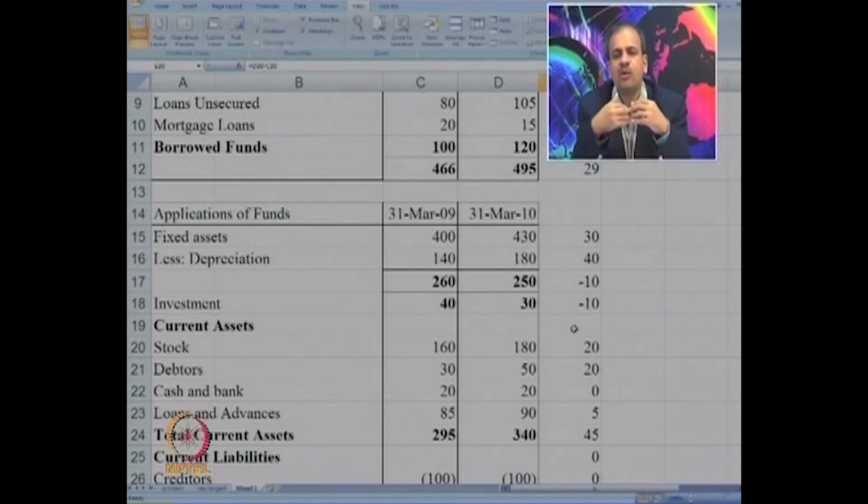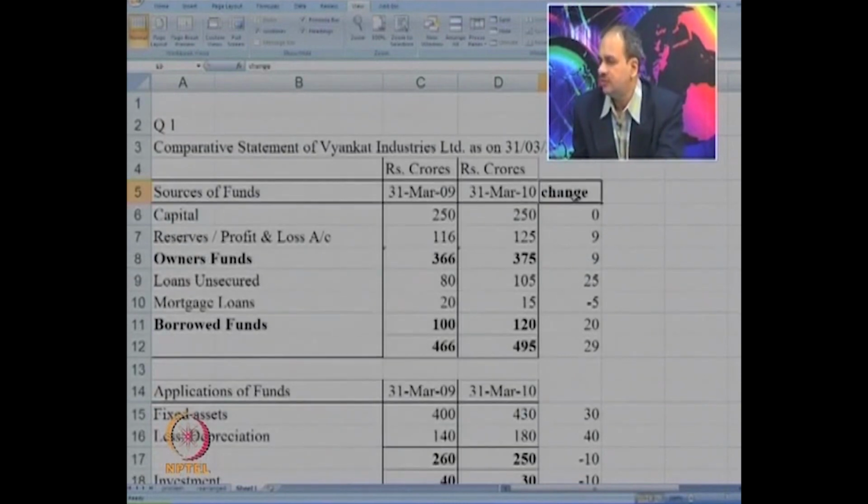Now let us try to also understand the change as a percentage. So this change is in absolute terms right now. To better understand the importance, let us try to find the change in percentage terms.